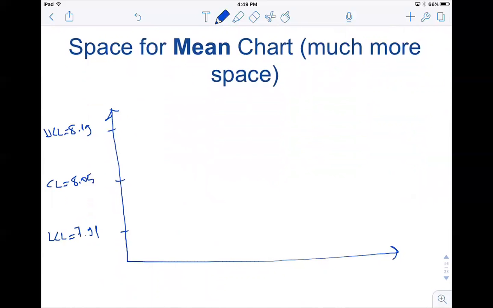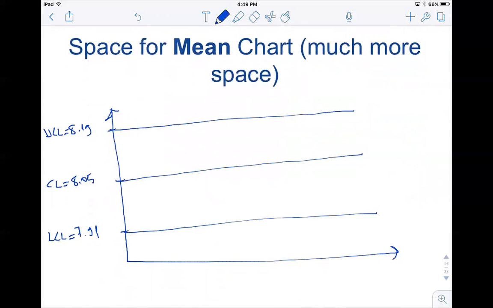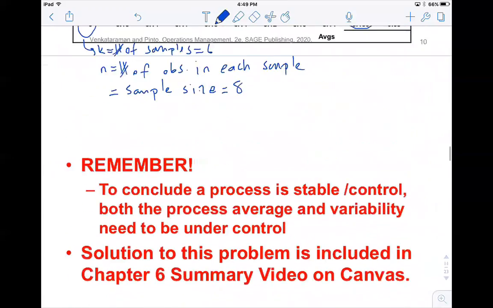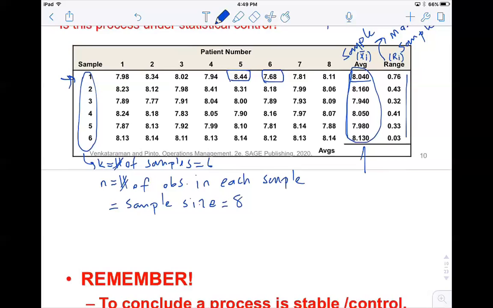All right. And I'm going to use straight lines, and my center line is a straight line as well. So the idea here is on the x-axis, we put our sample averages. So these are the X bar values. If you remember, from this table, we already have those X bars.